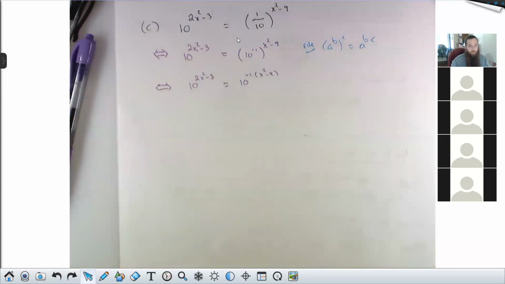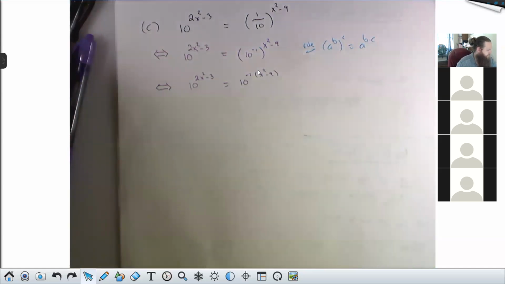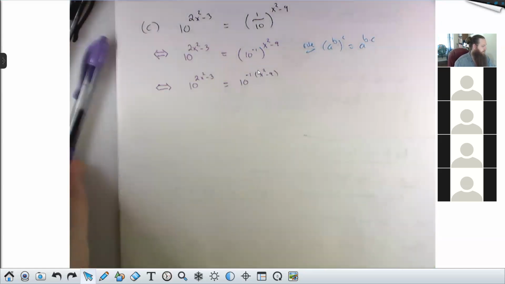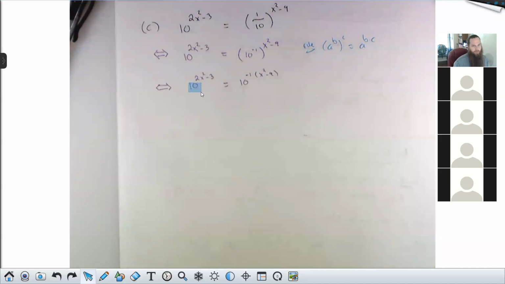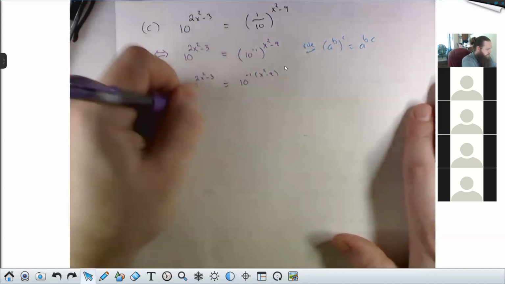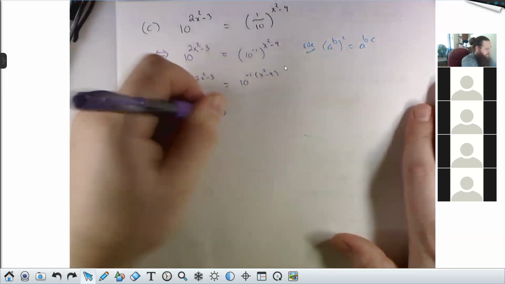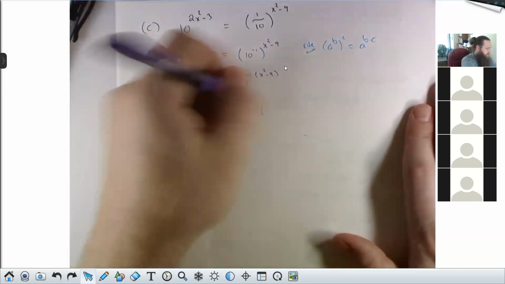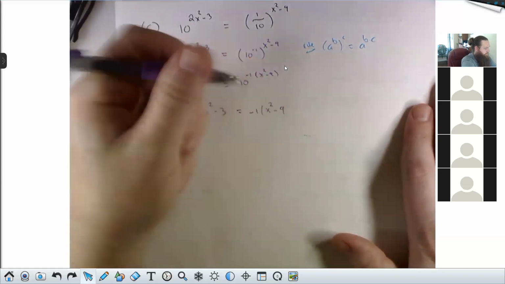So 10 to the negative 1 all to the x squared minus 9 is the same as 10 to the negative 1 times x squared minus 9. I just remember to think of x squared minus 9 as a single quantity, so it gets parentheses. Now both sides are powers of 10. So by the one-to-one property, I know that 2 times x squared minus 3 is equal to negative 1 times x squared minus 9.